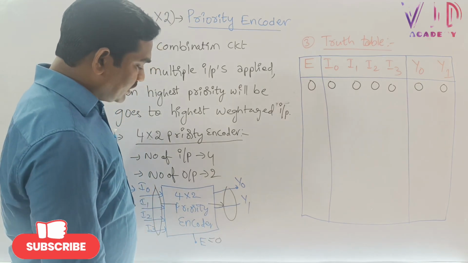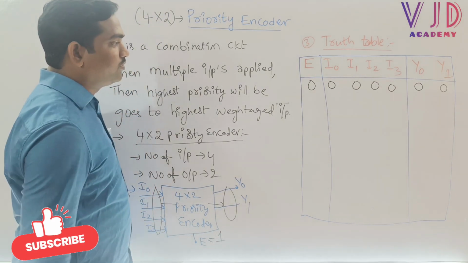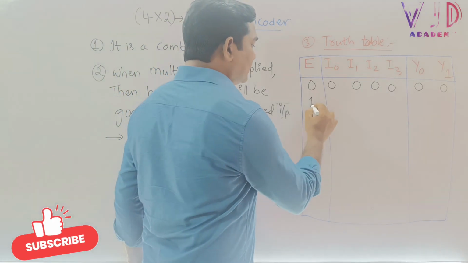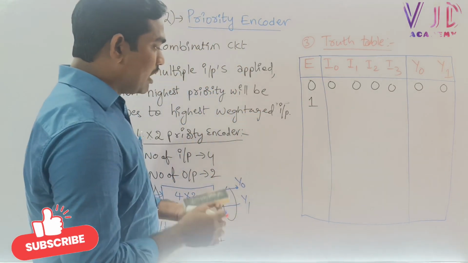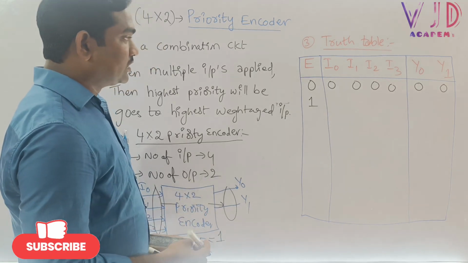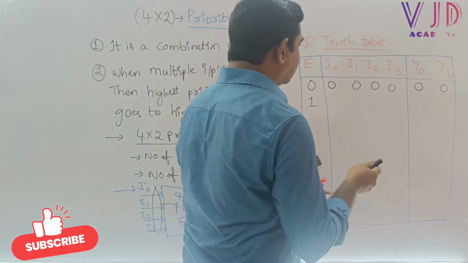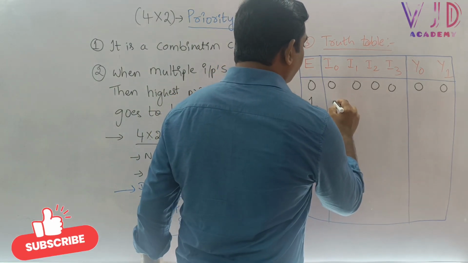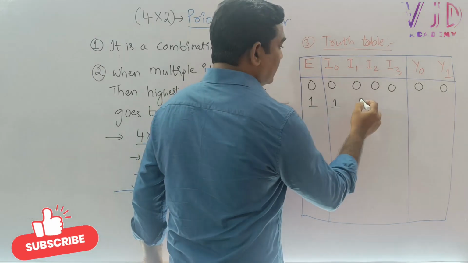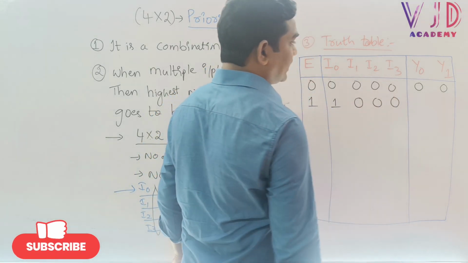Now, coming to the moment when I change the enable input from 0 to 1, what will happen, sir? Here enable is 1, so I0 will be enabled. We can say I0 equal to 1 and all remaining inputs are zeros, I1, I2, I3 are zeros.